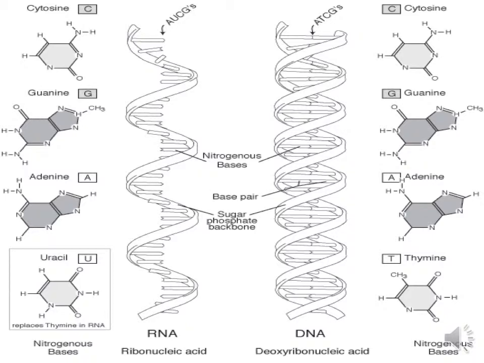Sometimes these nucleotides are referred to as purines and pyrimidines, and this refers to their chemical structure. Purines are adenine and guanine. If you look at the structures of adenine and guanine, you'll notice that they both have 2 ring structures. Cytosine and thymine are pyrimidines, and you can see that they only have a single ring structure.